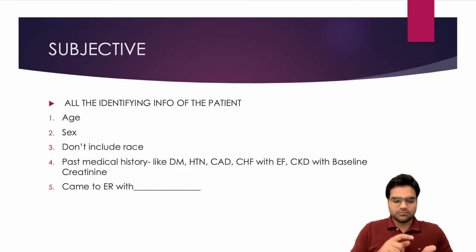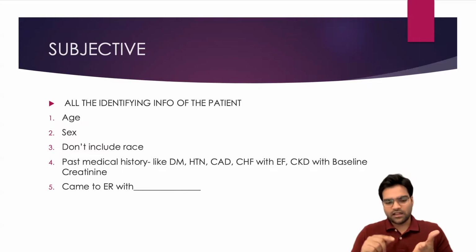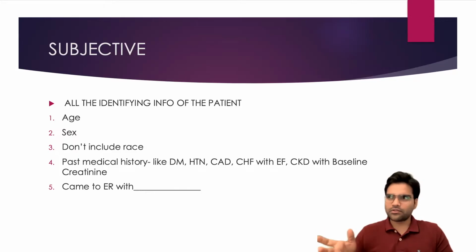Mr. X is a 67-year-old male with past medical history of diabetes mellitus type 2, diagnosed in this year, and chronic hypertension diagnosed in this year, and then coronary artery disease, status post stent placement in 2009, and then congestive heart failure with ejection fraction of 40%, with the last echocardiogram in 2017, and then CKD with baseline creatinine of 2, who came to the ED with the complaint of dizziness or altered mental status.